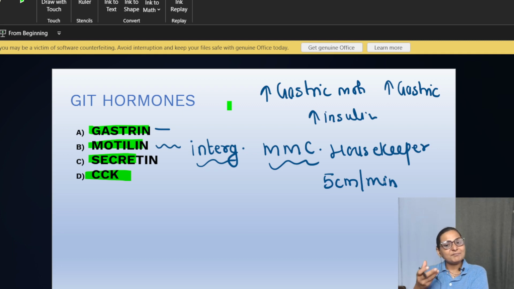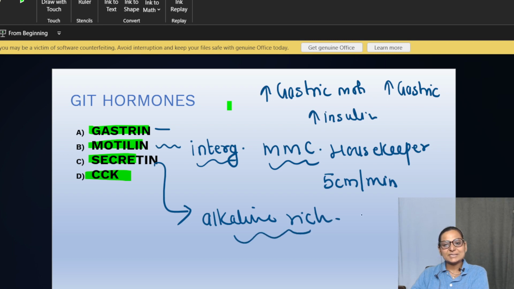So when you are in the well-fed condition, there will be peristalsis. But when it is an interdigestive period, the movements will be by motilin, the MMC, which do not require the enteric nervous system but require motilin.